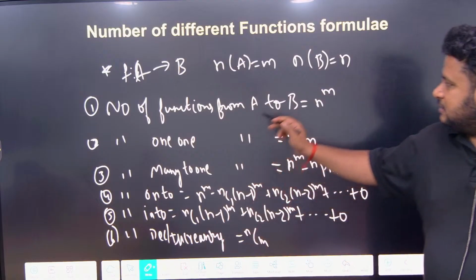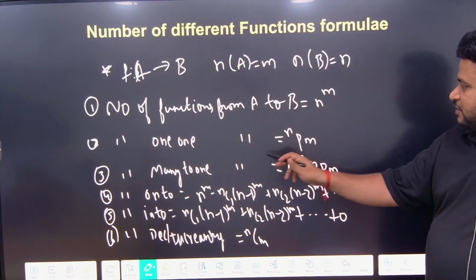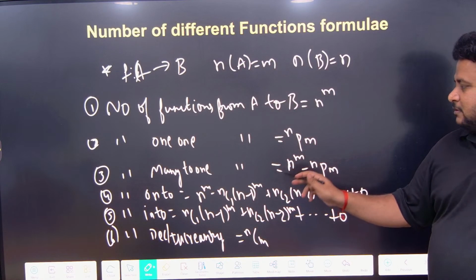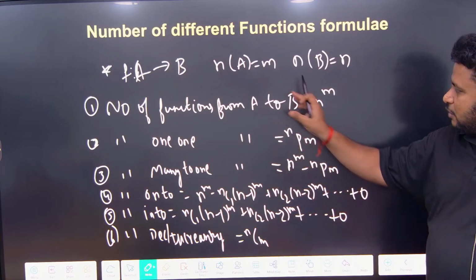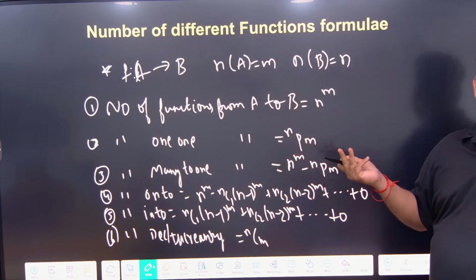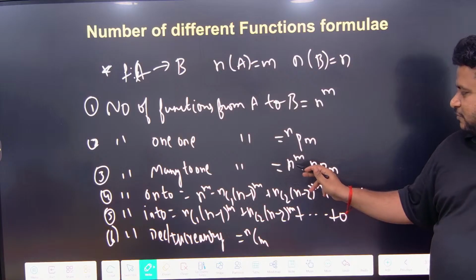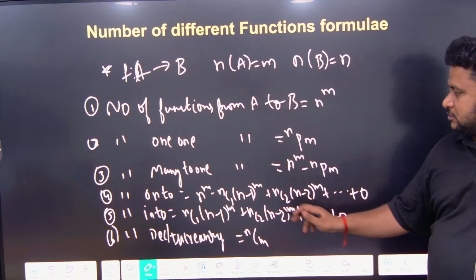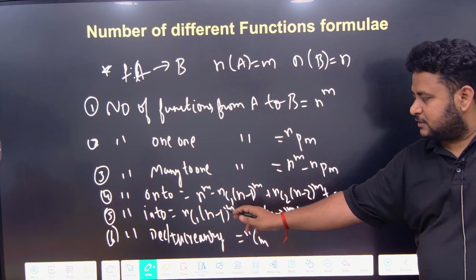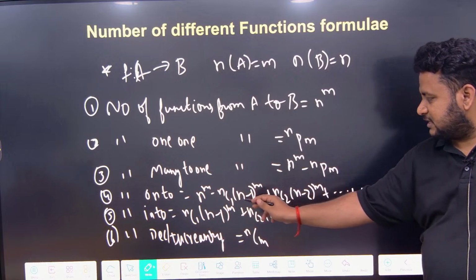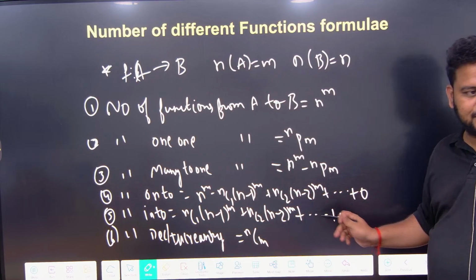So see here. This is n to the power of m. One-one is npm. Many to one is, out of total functions, remove one-one, so n power m minus npm. Onto is n power m minus ncn (n minus 1)..., all these things up till 0.